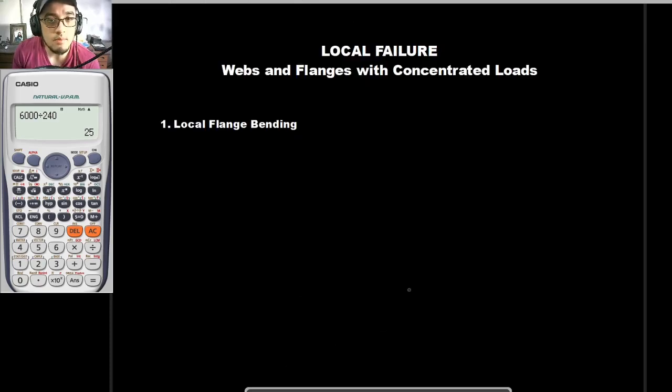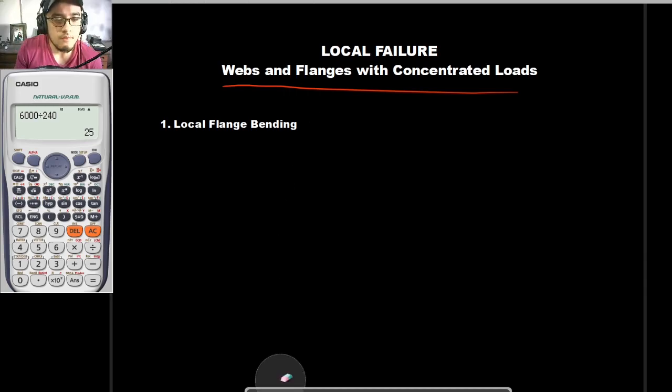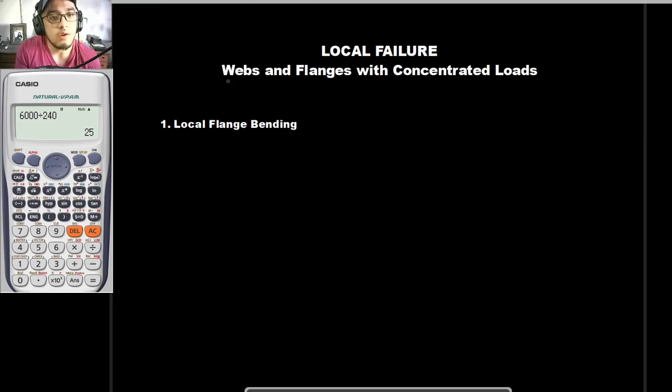So, next up, local failure. Pretty much everything we will discuss here is direct substitution. This local failure is what we would call the failure of the webs and the flanges if you are to subject your members to concentrated loads.